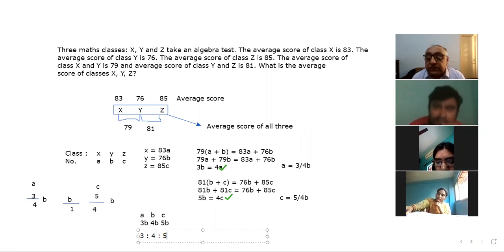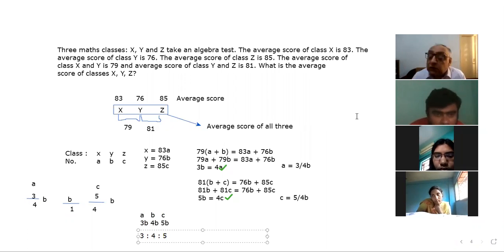We have written A, B, C in terms of B, and then we simply take the LCM. So it becomes 3B, 4B, 5B. The ratio of ABC is 3:4:5.